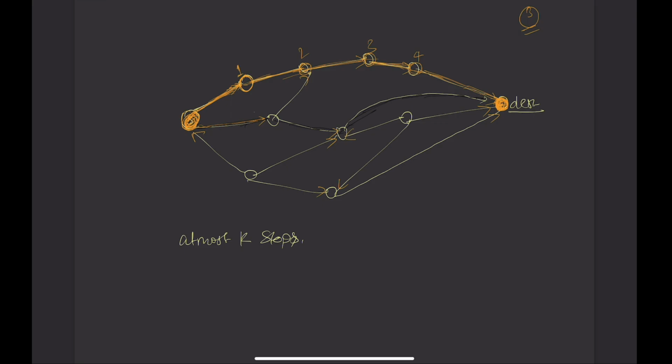So let's suppose from the source node somehow I went to this intermediate node, and I want to go to this destination node. There might be some other paths in between.